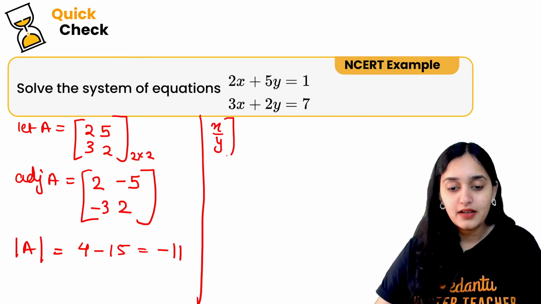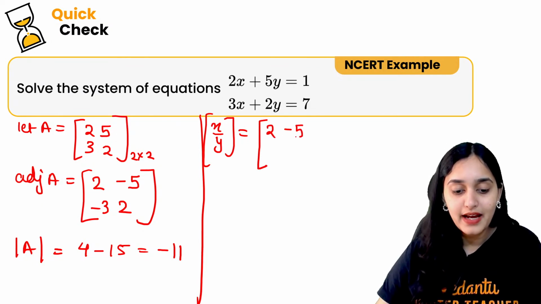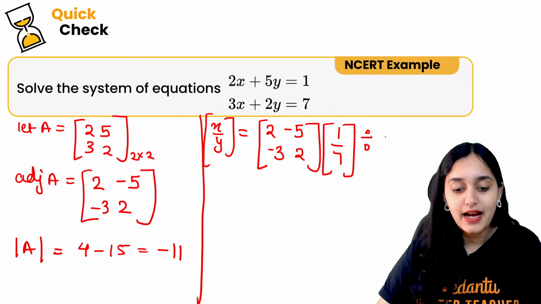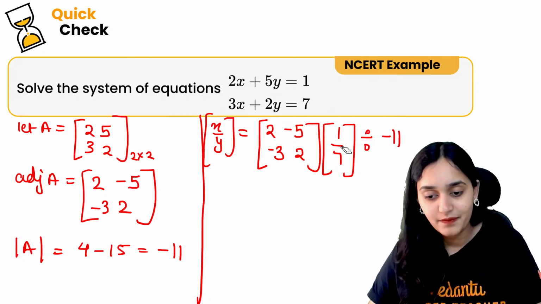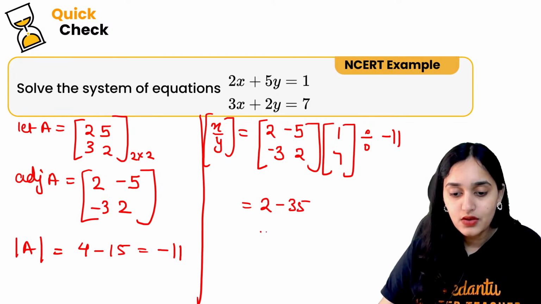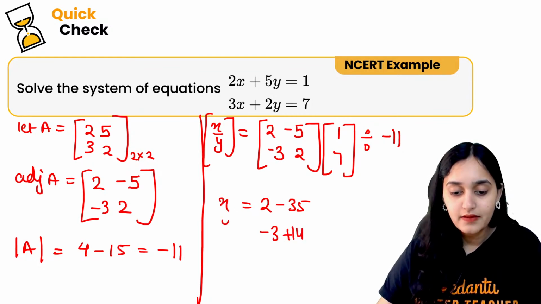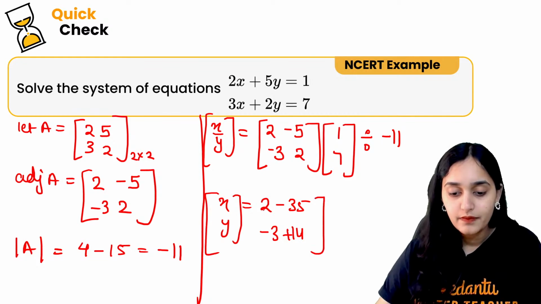So now [x; y] is equal to [2, -5; -3, 2] multiplied with [1; 7] divided by -11. First of all, we will do the matrix multiplication. It is 2 1s are 2, -5 into 7, 7 5s are 35. -3 into 1 is -3, 7 2s are 14. So [x; y] is equal to this divided by -11.